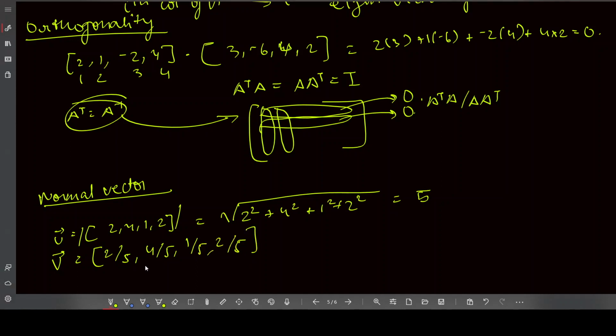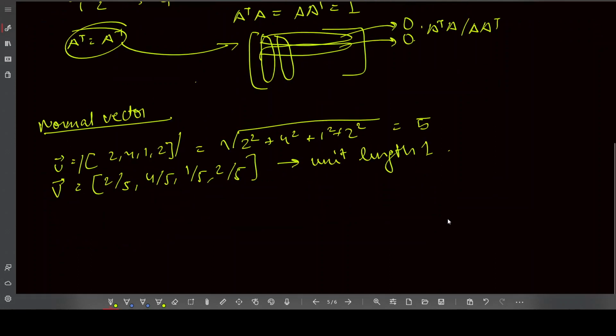This is a normal vector. Any vector can be normalized: you just have to divide every dimension of that vector by its magnitude. That's how you normalize a vector. So this becomes a vector of unit length 1. We generally do this to make calculations easier.